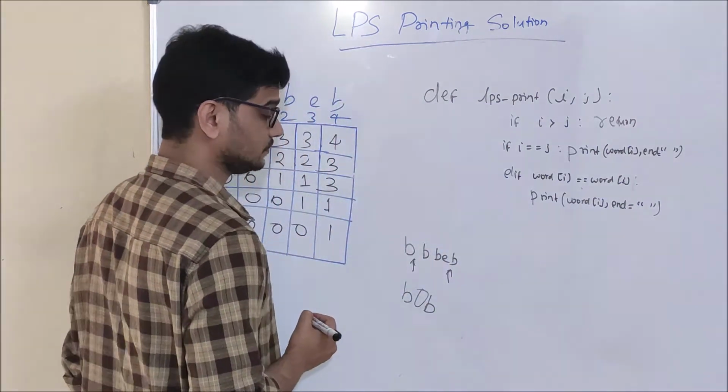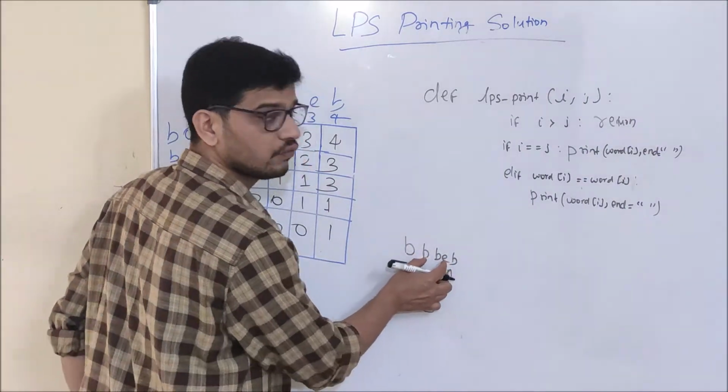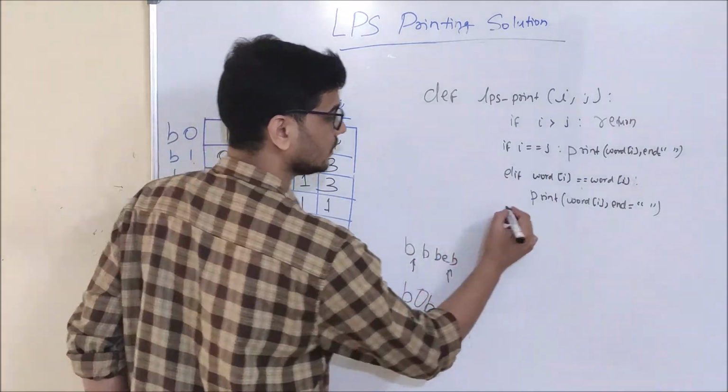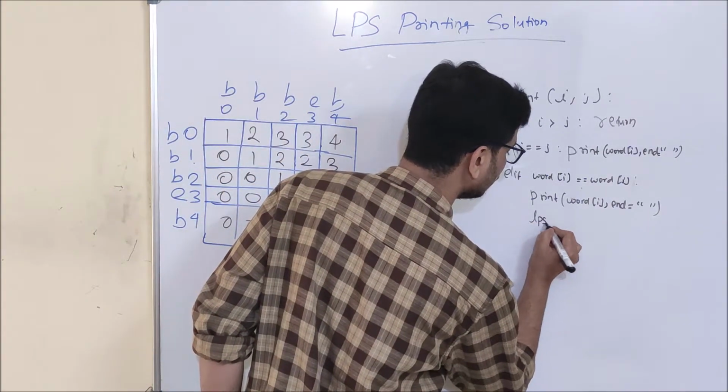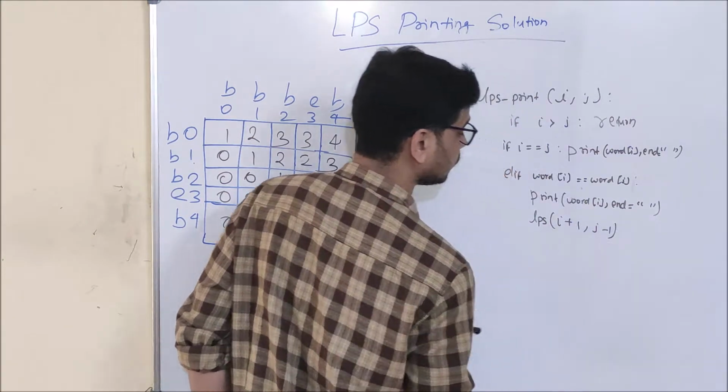Then what will I do? I have printed this B, then I will look for an LPS in this particular string. That is, I will make a function call to LPS of I plus 1, J minus 1.